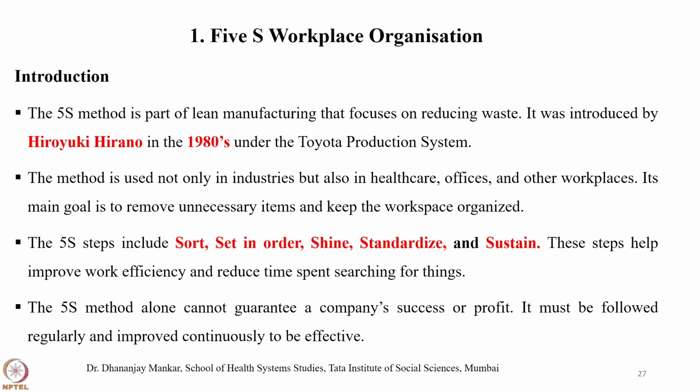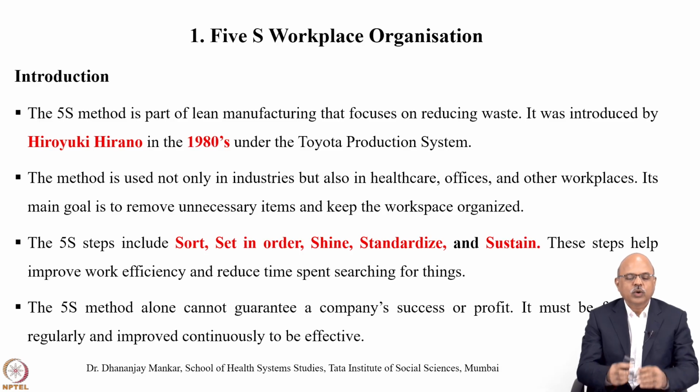The 5S method alone cannot guarantee a company's success or profit, and so it is even in healthcare. What does it mean? It must be followed regularly and improved continuously to remain effective. It is always said that quality is not achieved at one time. Quality is a continuous process.